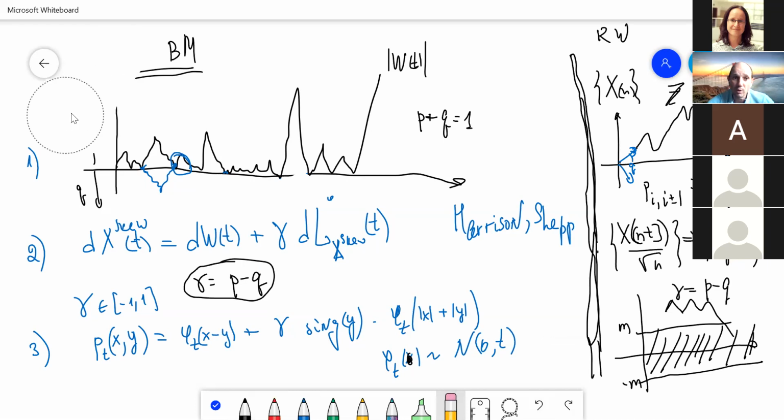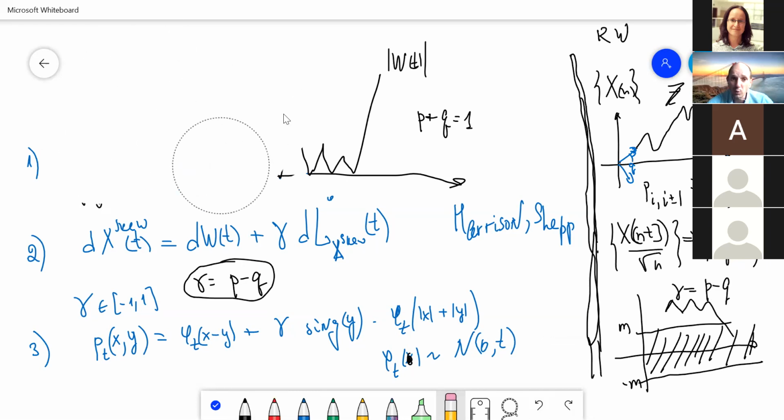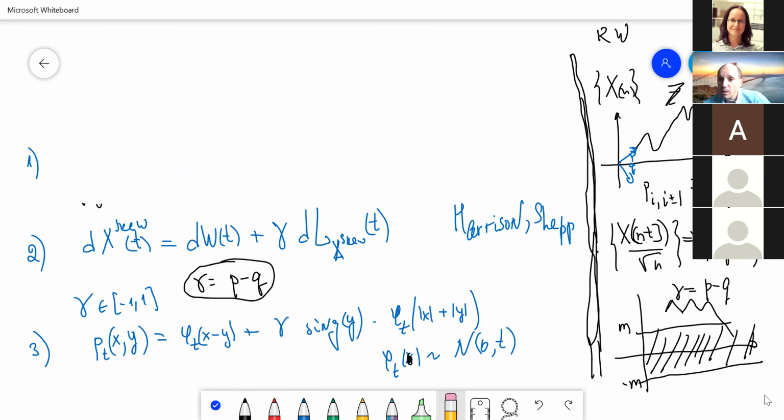Or the question may be the following one. You consider a random walk, not only symmetric, 1/2 up and 1/2 down. Increments are just random variables that are mean zero and have finite variance.